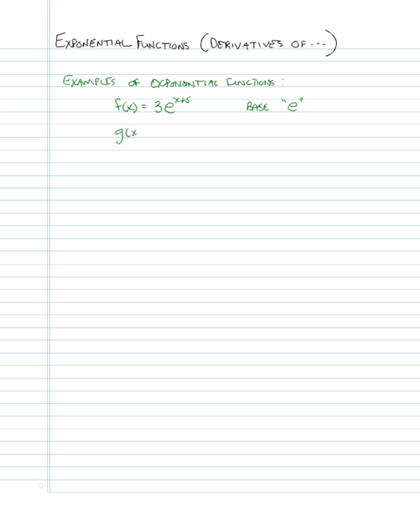Another example would be g of x is equal to 10 times 2x minus 3. Well, here the base of this exponential function is the number 10. So when we have a constant that has some exponent on it that's got a variable in it, that's called an exponential function.